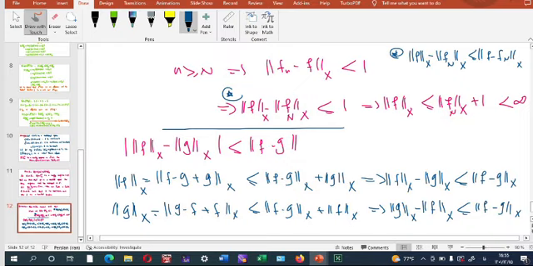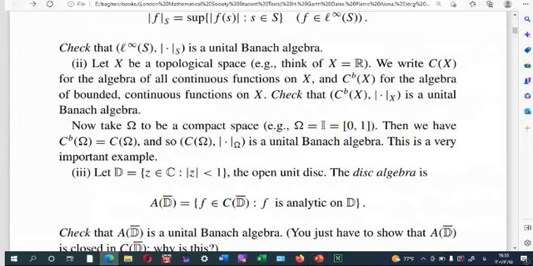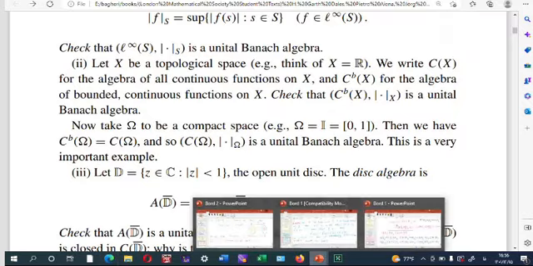So that any Cauchy sequence in CB of X is convergent, so this is a complete norm, and this is a Banach space and Banach algebra, and this Banach algebra is a unital Banach algebra because the constant function 1 belongs to this space.